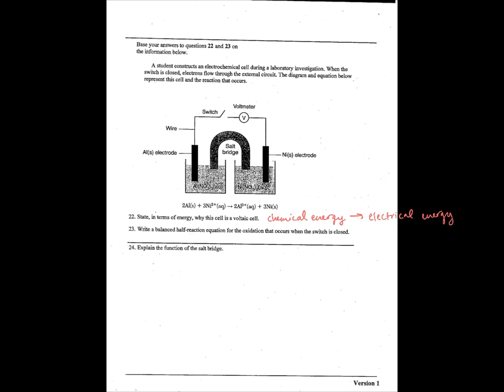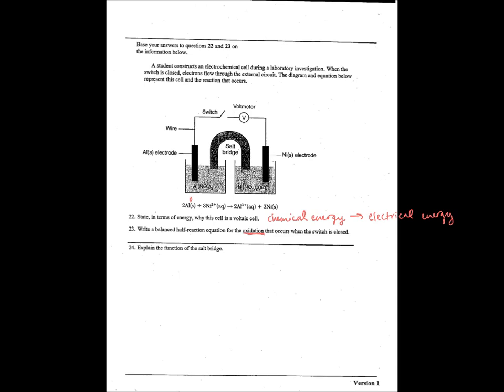But anyway, I digress. Number 23. Write a balanced half reaction equation for the oxidation that occurs when the switch is closed. So when the switch is closed, the reaction occurs, and we're looking at oxidation. So we're looking at who loses electrons. So Al goes from 0 to plus 3. So that is the one that's being oxidized. So let me do a different color.